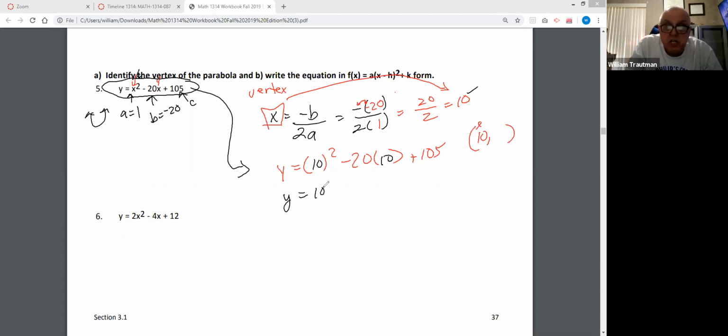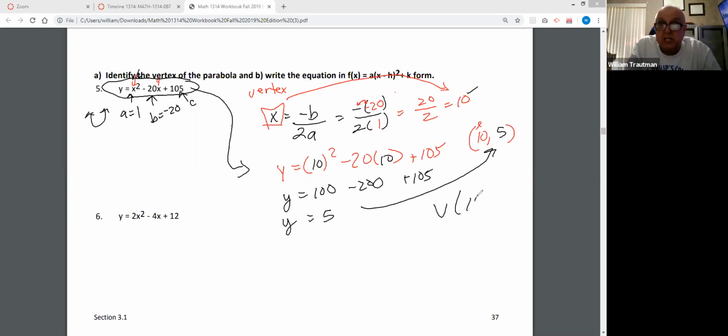So 10 squared is 100. 20 times 10 is 200. And when you add all that up, you get 5. So our y value is 5. Our x value is 10 and our y value is 5. That's our vertex.